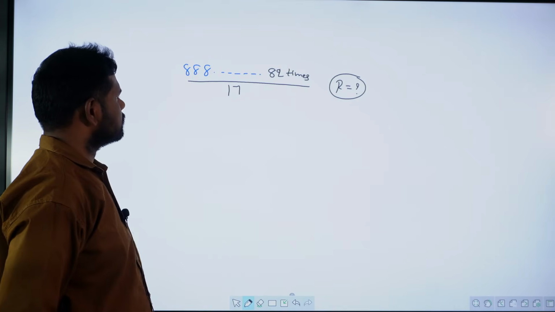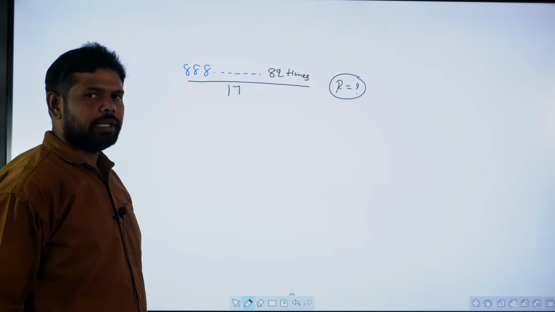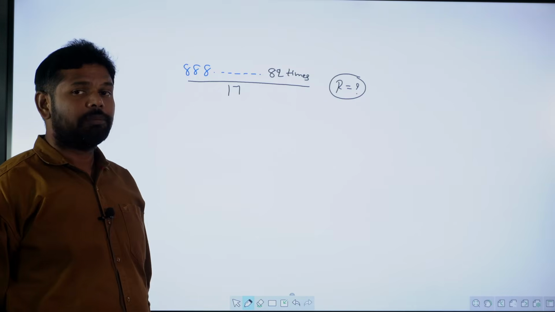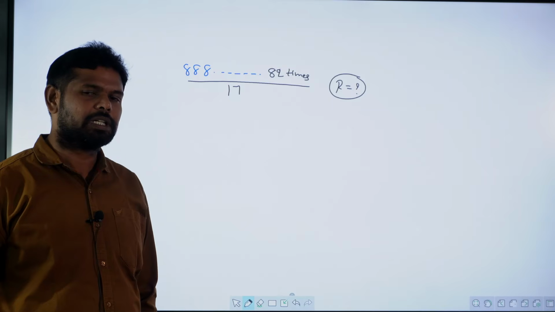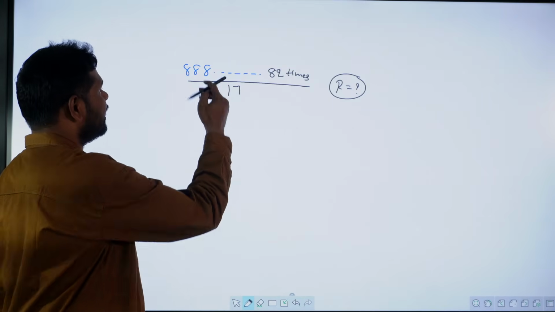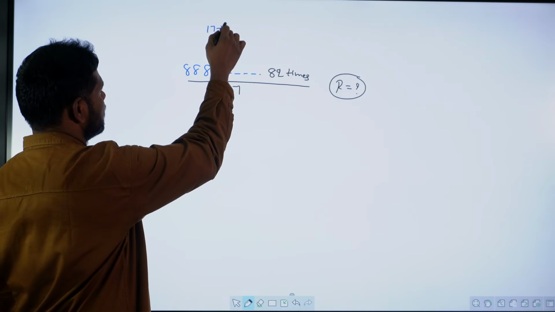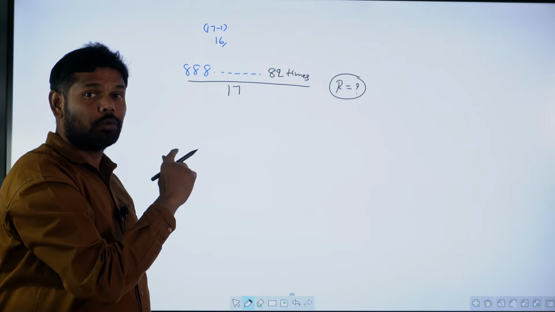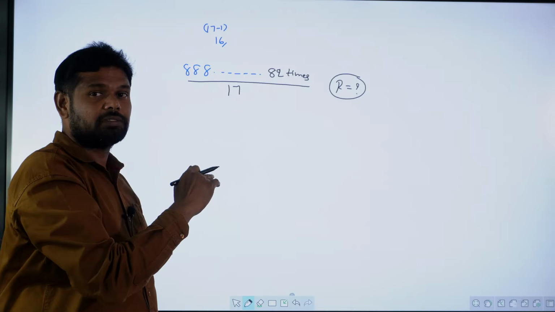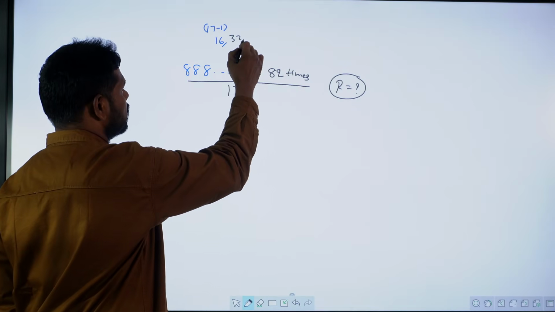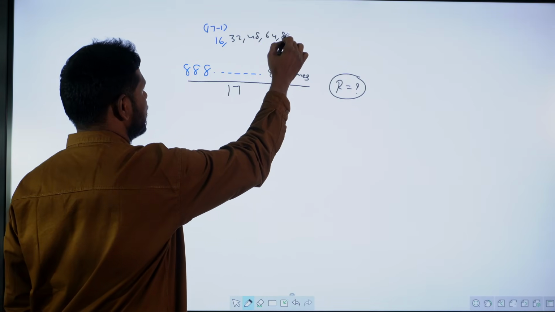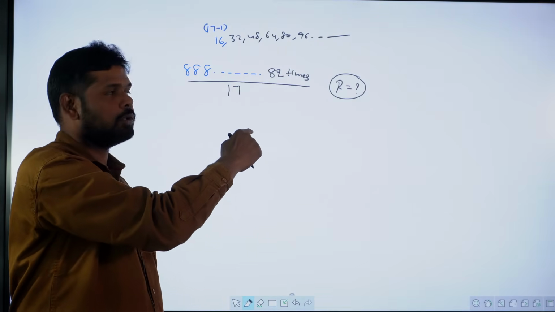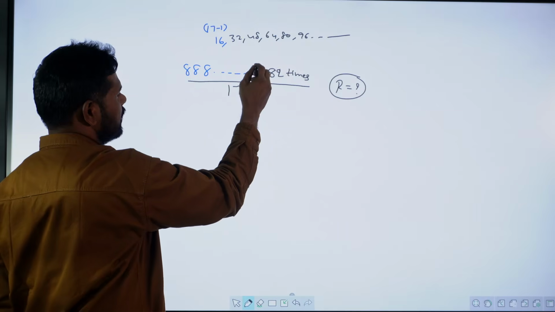Here any digit 3 times and 6 times is not applicable, but 17 is a prime number, that is important. P minus 1 times means 17 minus 1, 16 times, the remainder is 0. 32 times, remainder 0. 16 threes are 48, remainder is 0. 16 fours are 64, then 80, 96. So at 16 multiple times, the remainder is 0. 16 fives are 80 times.